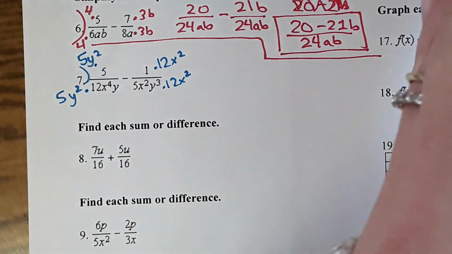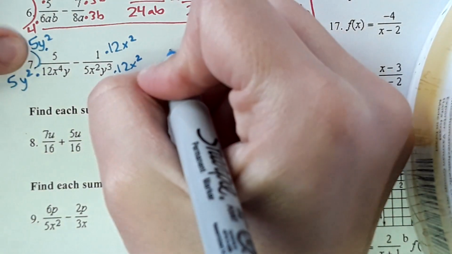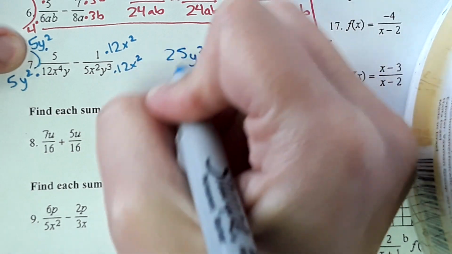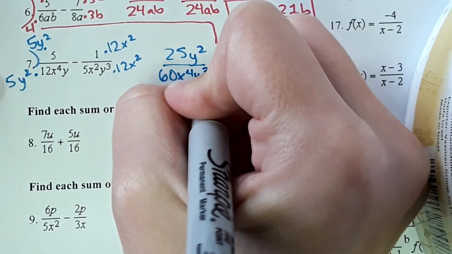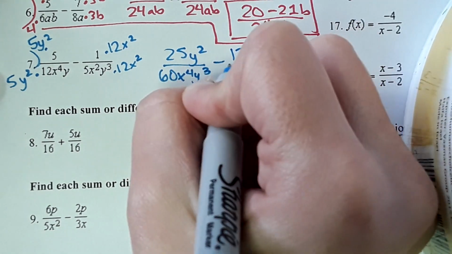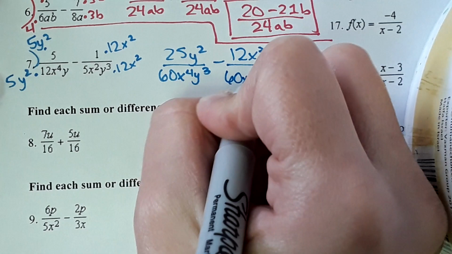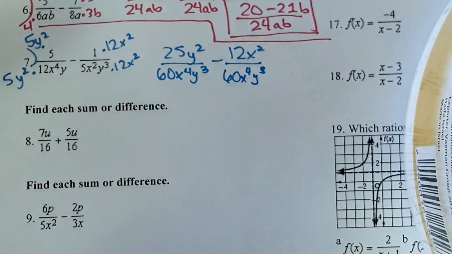Okay, now I'm going to rewrite it all out. 5y squared times 5, 25y squared over 60x to the fourth, y to the third, minus 12x squared over 60x to the fourth, y to the third.